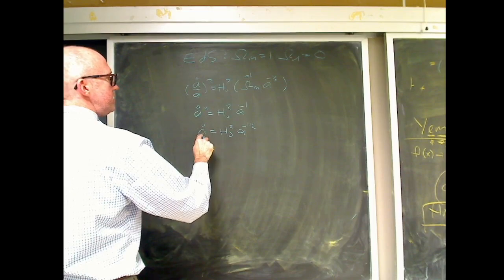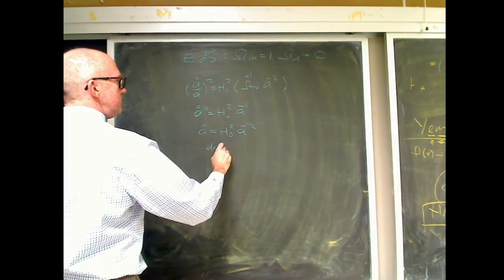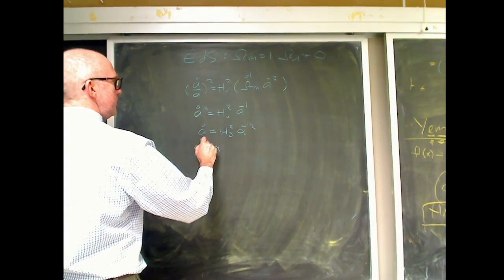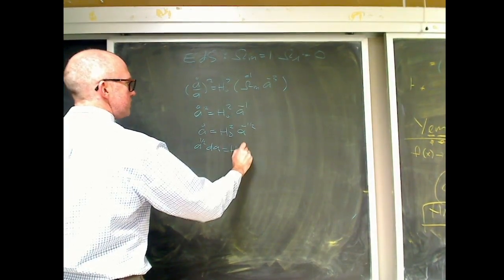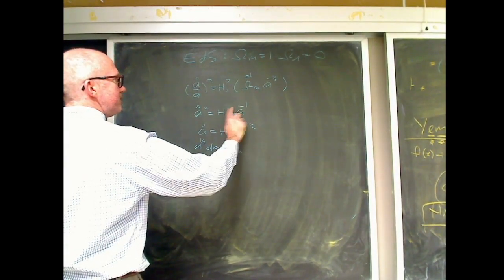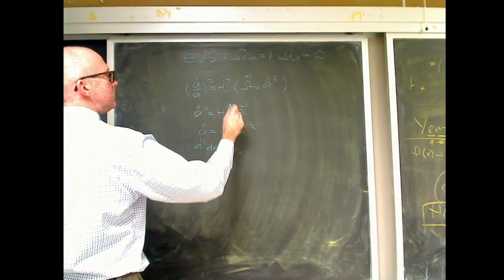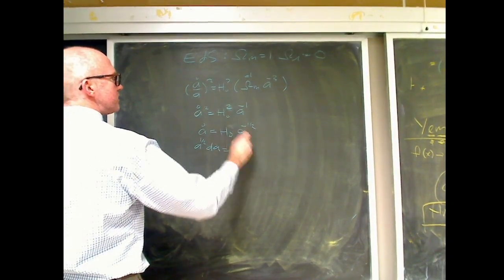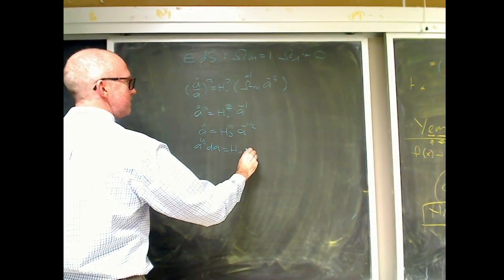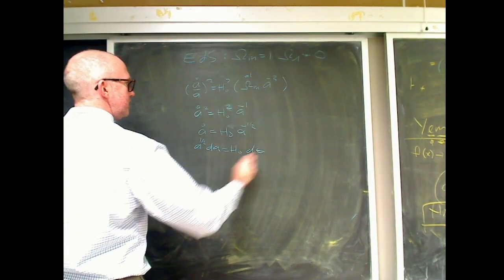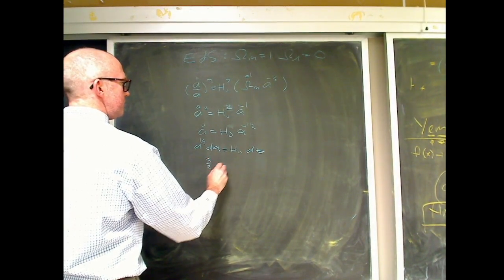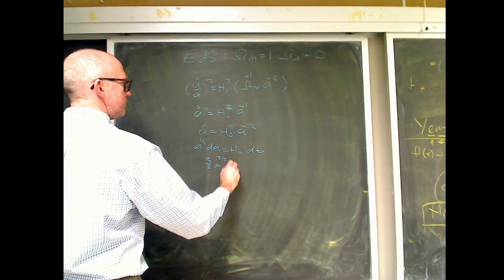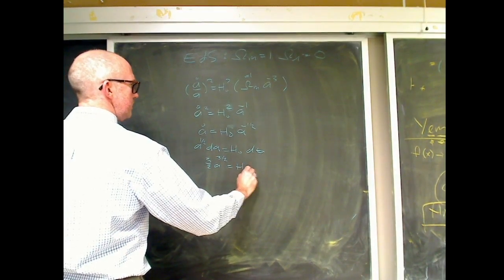This guy comes over here and the dt goes over there and we're left with dA times A to the 1/2 equals H naught, oh, that's not squared anymore. H naught not squared, dt. So I get a 2/3 A to the 3/2 equals H naught t.